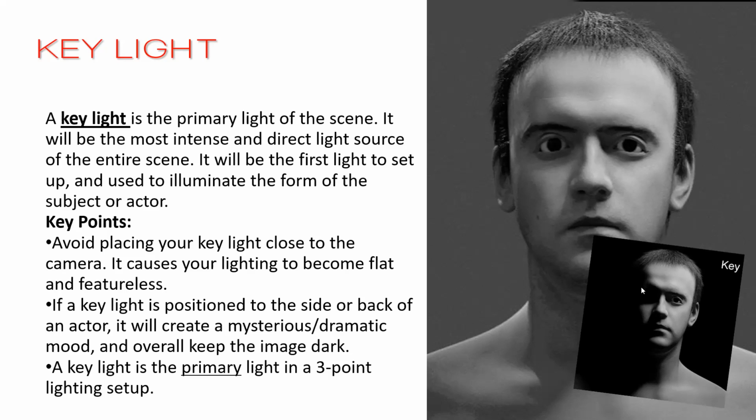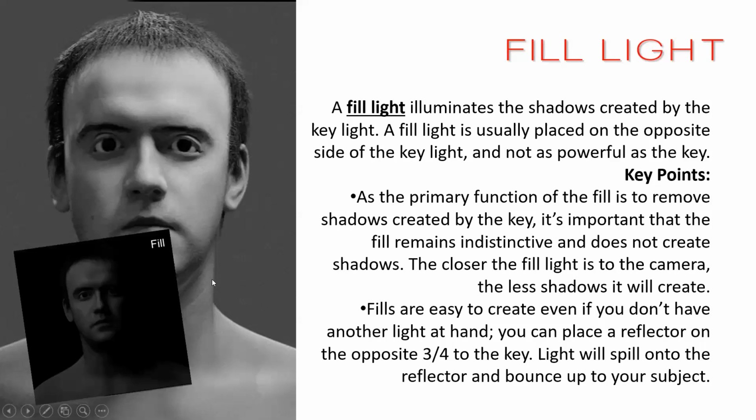You'll notice that the problem this causes is that on the side of the face opposite to the key light, it creates heavy shadows. And that is something that you can keep if you're doing a horror thing. But if you're not doing a horror thing, then you have to fill this area with light. So you're going to use a fill light. And you can see what the fill light is doing here.